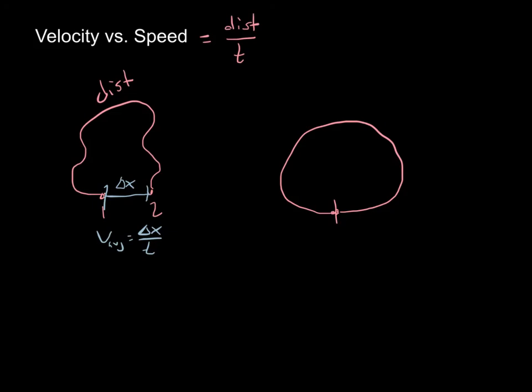Our distance again would be just around the circle divided by time, but our displacement in this case was 0 meters. We started and ended at the same location. So that means our average velocity would also be 0 meters per second. So it's possible to travel in a path and have a speed and have a distance, but have 0 velocity and 0 displacement because of the difference in definition there.